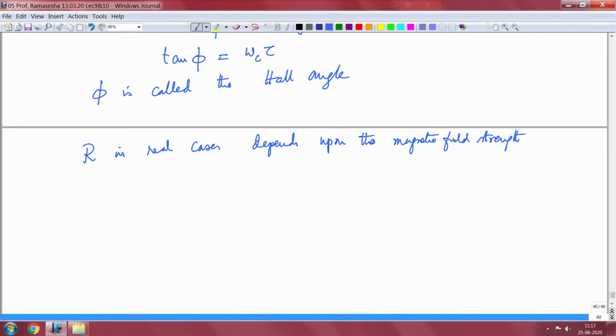So you can have R changing with the magnetic field, and in fact R saturates at high magnetic fields, high in terms of the magnetic field being about 1 Tesla. So it saturates. But there were some very interesting and very surprising aspects of this.